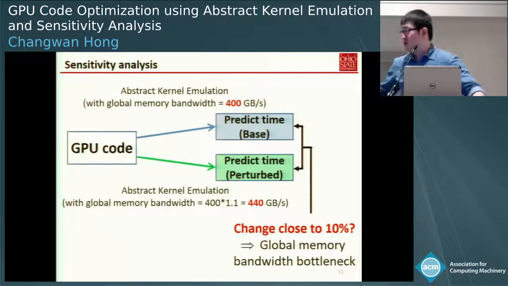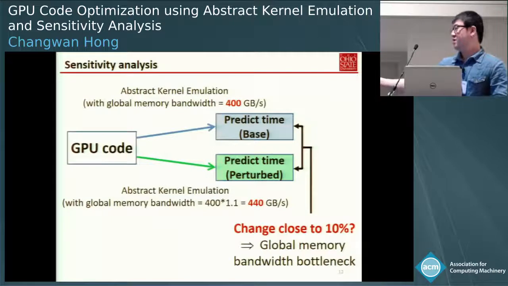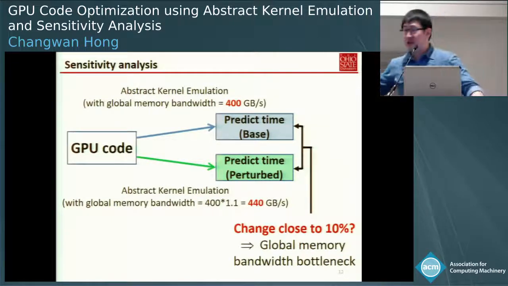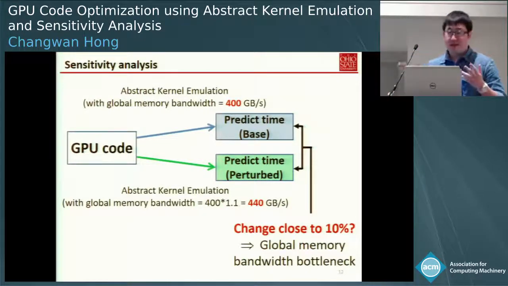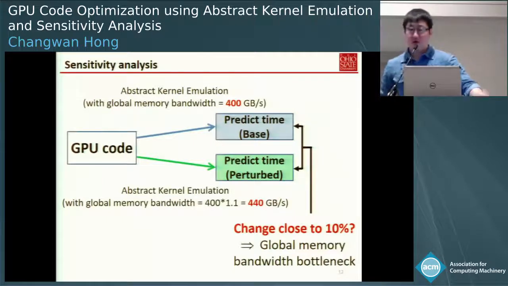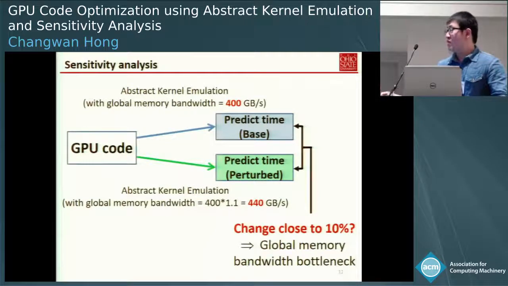In the second one, we increase the global memory bandwidth by 10%, which is 440 gigabytes per second. If the 2 predicted times are very similar, then this code is not sensitive to global memory bandwidth. But if the predicted time changes by almost 10%, then this code is very sensitive to global memory bandwidth, which means this code has a global memory bandwidth bottleneck.